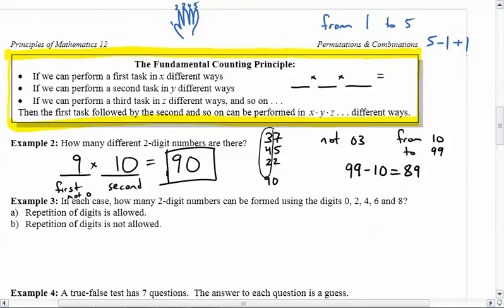If you want all the numbers from 24 to 27, you have to go 27 minus 24 and then plus 1, because you want to include both 24 and 27. It's 24, 25, 26, 27. There's actually 4 possibilities. So all the numbers from 10 to 99 would be 99 minus 10 and then plus 1. So there's 90 numbers there.